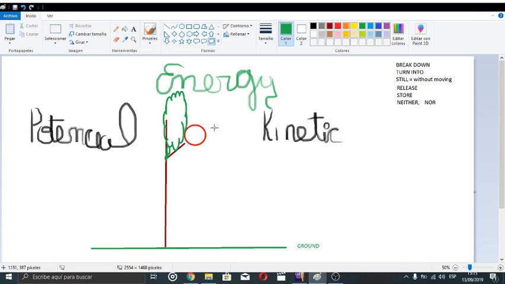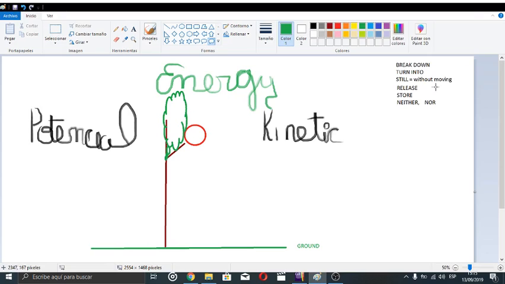Now let's start here. When the apple is in this position, it means that this apple stores energy inside of its body. That is the potential energy. It is the energy stored inside of an object. In other words, it is not moving, it is still.